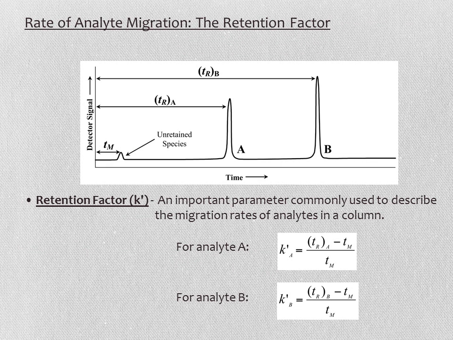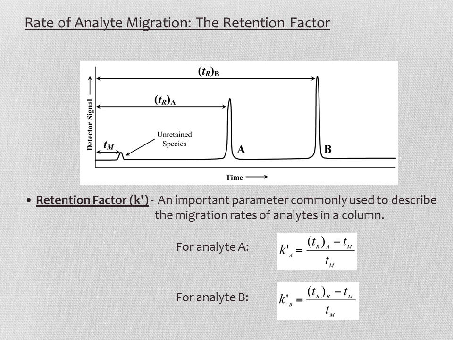A few other important things. The retention factor. The retention factor for a different analyte, we have it written here for analyte A and for analyte B, is the retention time for that analyte minus the dead time, over the dead time. So it's a proportion of how much more time you are staying in the column versus how much time it takes to come through.